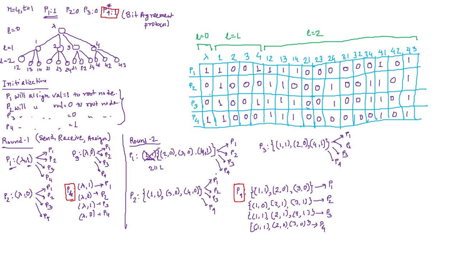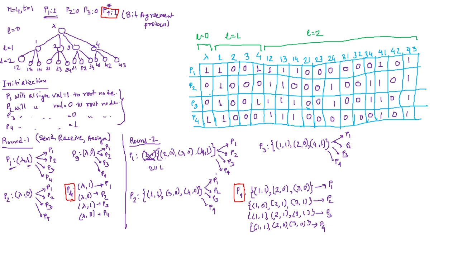So it basically signifies that this node signifies that P4 tells P1 that my root node entry is 1. This entry signifies P4 tells P2 that my root node entry is 0.